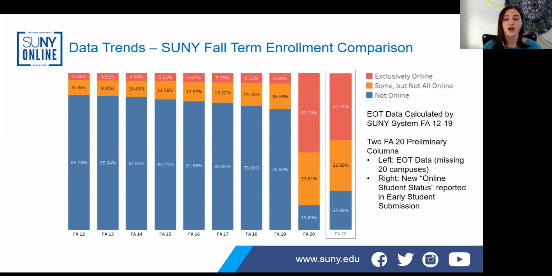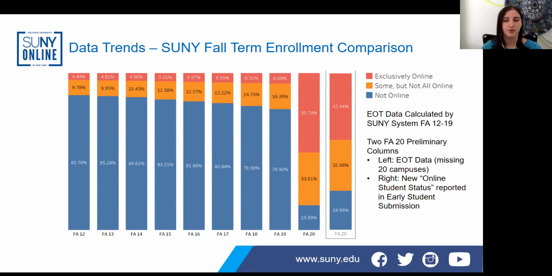Yes, you will see two columns for fall 2020 because I'm using two different data sources to show you what we have so far. So up until fall 19, this is all data that we calculate at system using those course types that are sent in, and we look at the percentage of courses that a student is taking not online, some but not all online, and exclusively online. So we get those three categories.